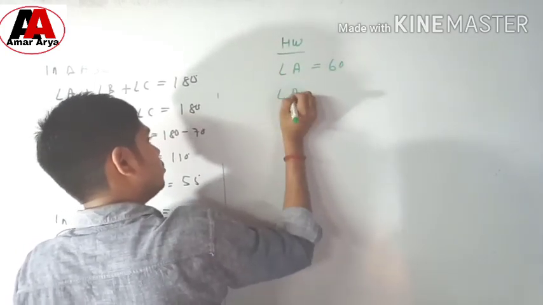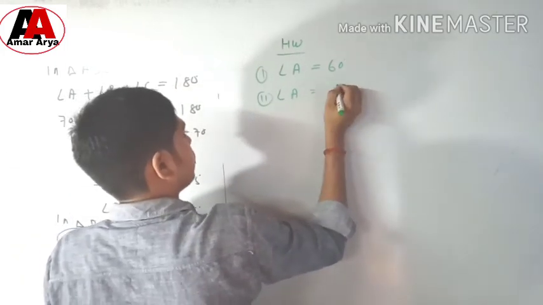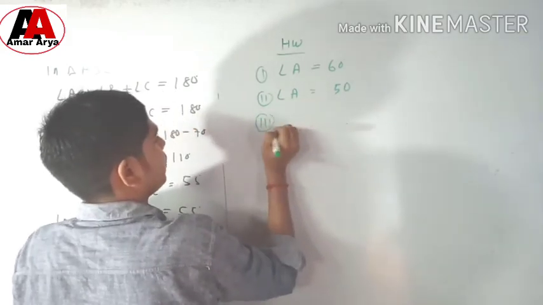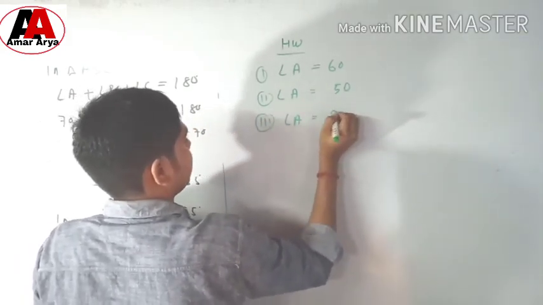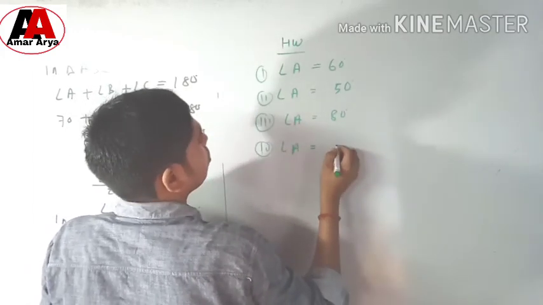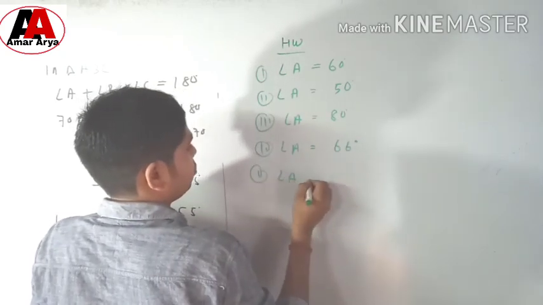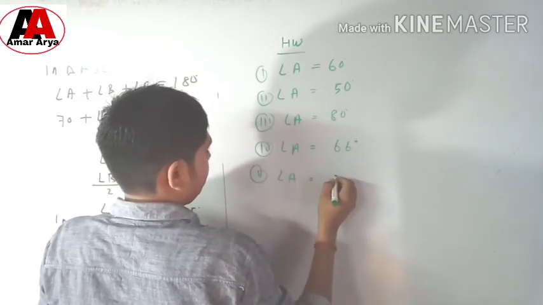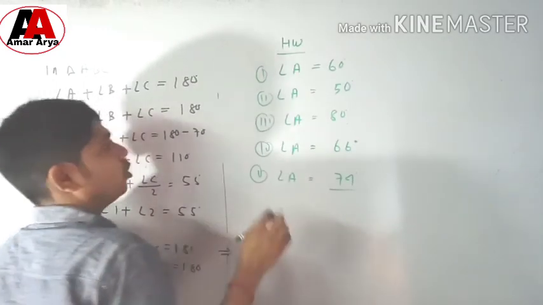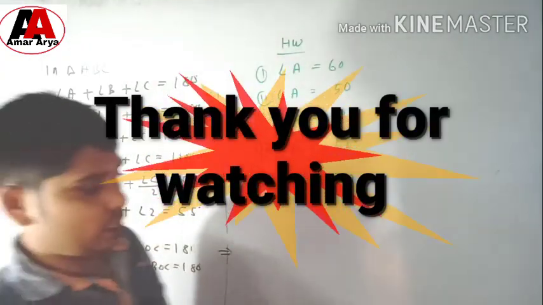Question 2: A equals 50 degree. Next, A equals 80 degree. Next, A equals 66 degree. And fifth, angle A equals 74 degree. So you need to find all of the questions. This is based on the result number 1. Okay, thank you.